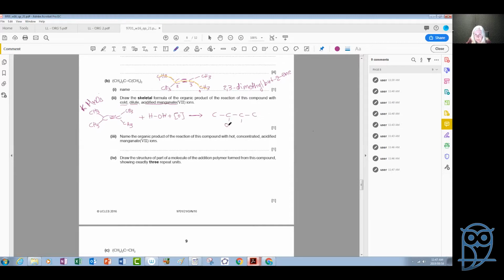In the middle carbons, we'll have the carbons that were involved in the double bond. We have 2 hydroxy groups, and the remaining is what was there. So this will be hydrogens, and this will be hydrogens.